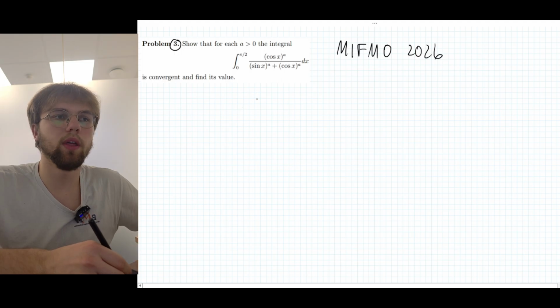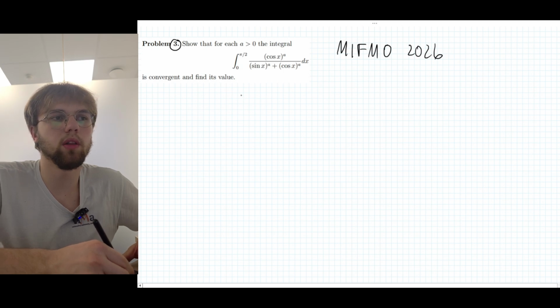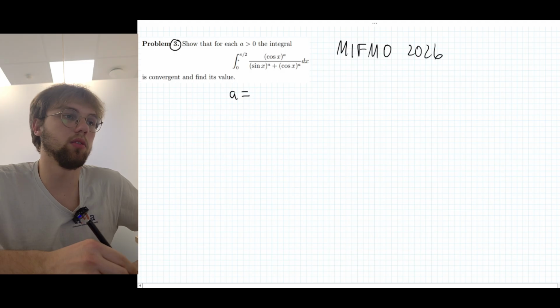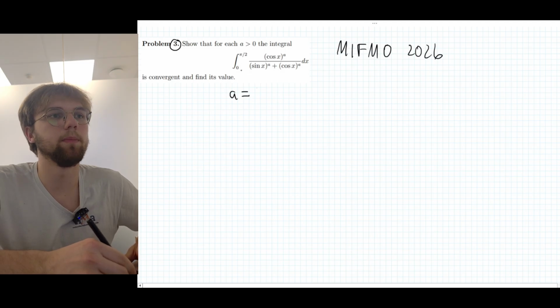So, okay, we get this problem, and what do we do? Let's say we have no ideas. Well, we can try different values. We can try which values of a seem simple, right? Because we need to calculate this integral for every a, and also we need to prove that it's convergent for every a.